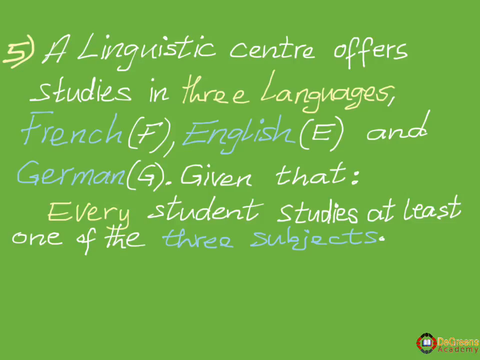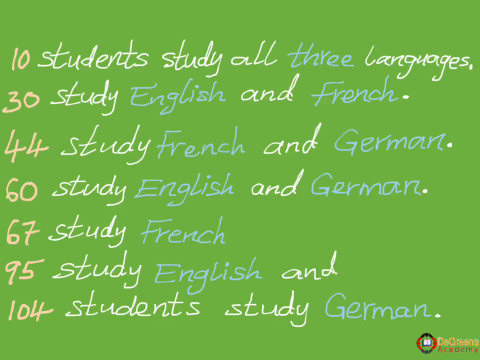Given that every student studies at least one of the 3 subjects, this information was given: 10 students study all 3 languages, 30 study English and French, 44 study French and German, 60 study English and German, 67 study French, 95 study English, and 104 students study German.